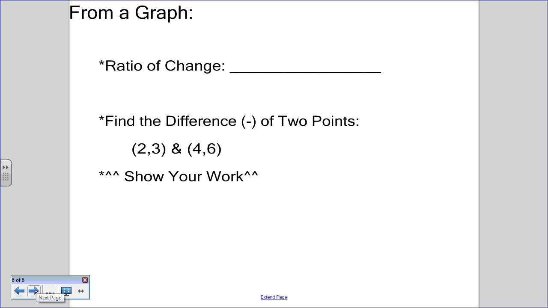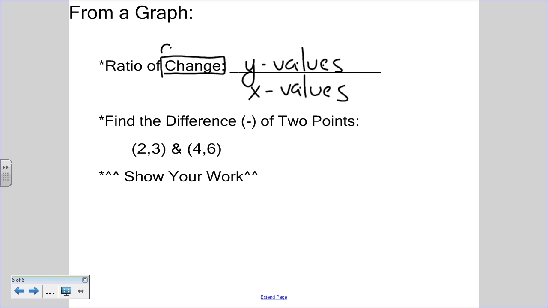So, just to wrap it up in our notes, we've agreed that the rate of change is a change of our y values over our x values. It might help us to think of the word change or difference, which would help us remember that we need to use subtraction when we're doing rate of change.